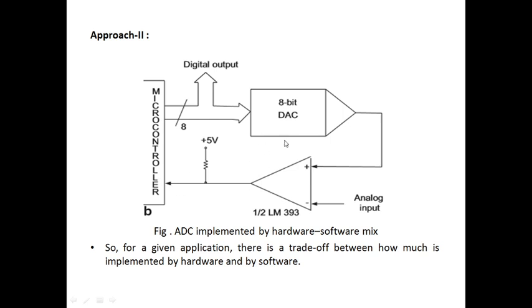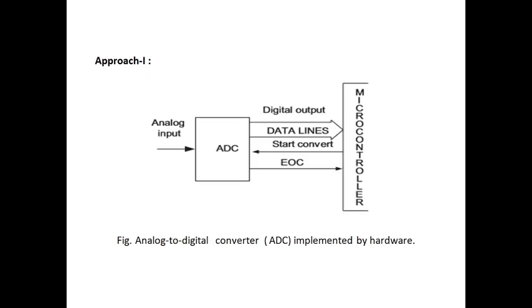This is the operation. In the second approach, we replace the high performance analog to digital converter with a digital to analog converter with a comparator. This is less expensive hardware. In the first approach, with respect to hardware, with the high performance A to D converter, we are using few lines of software.